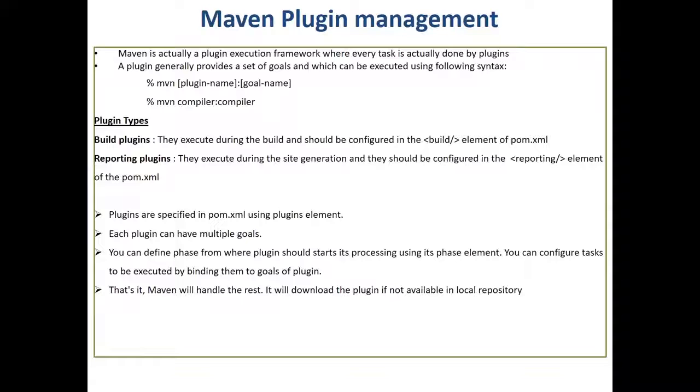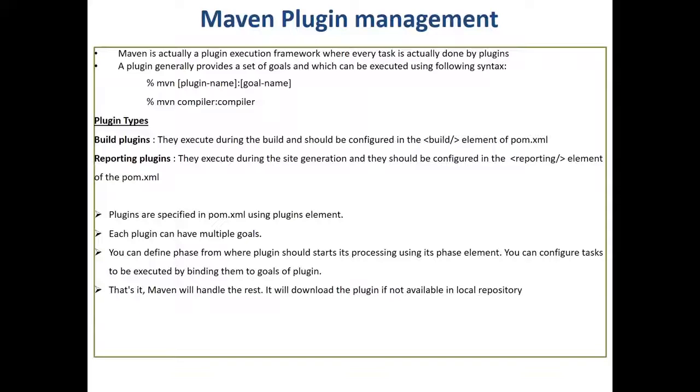So the last goal that you have, that is site, is referred to as the reporting plugin. But other than that, any kind of plugin that you will usually be using will be of the type build plugin only. The default lifecycle of Maven is also going to be a part of build plugins only.